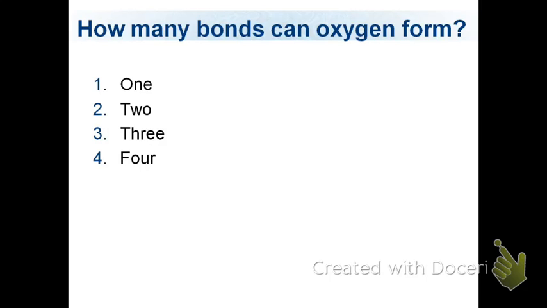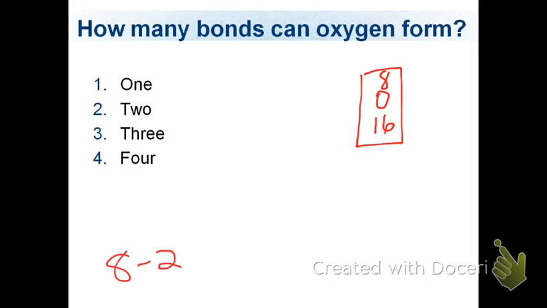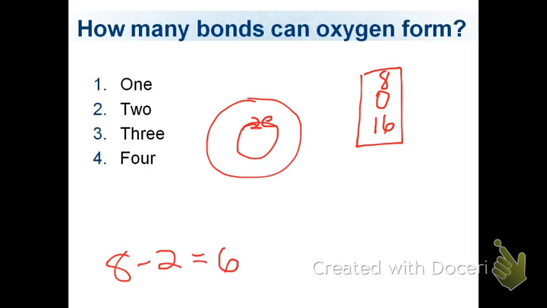And oxygen, we saw this actually in the last little video. If you remember oxygen, that's its periodic table entry. So it has 8 electrons. We're going to use 2 in the first shell. So how many are going to be in the second shell? 6. So we have 2 in the first and 6 in the second.